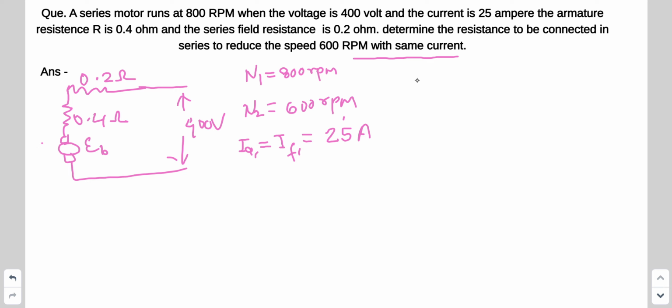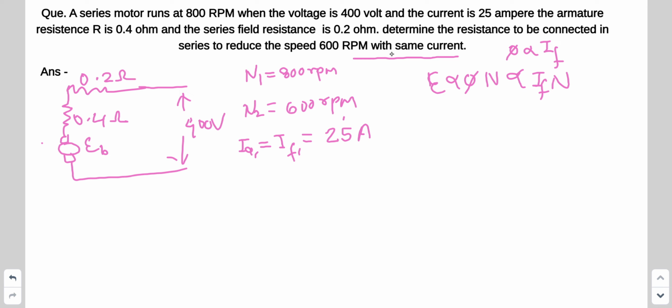So we know that the EMF generated is directly proportional to phi N, and because the flux is directly proportional to IF, we can write that E is directly proportional to IF N.